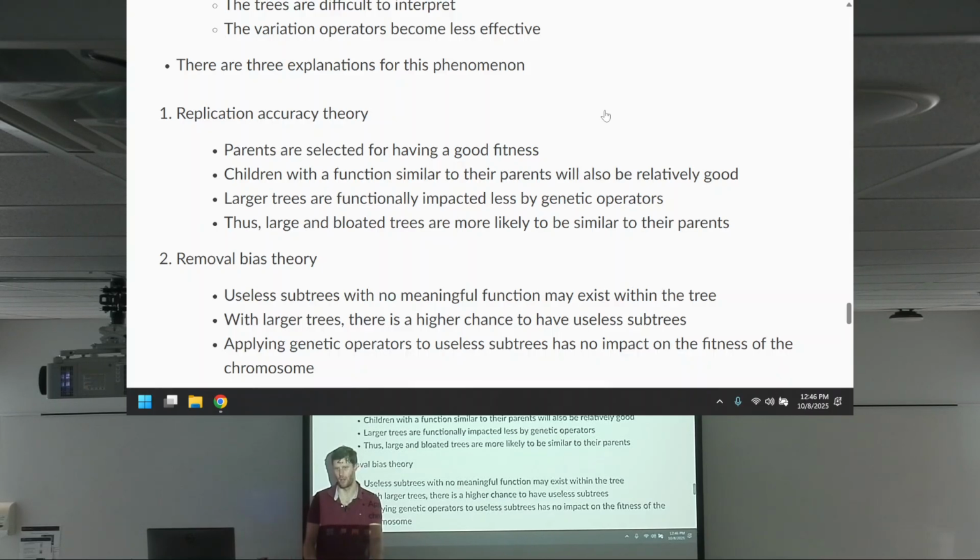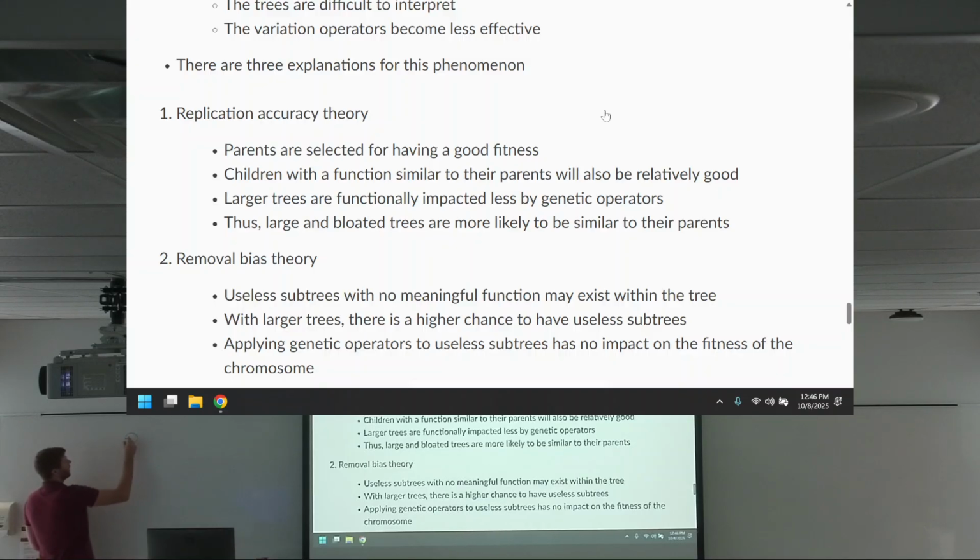Two, larger trees are less impacted by variation operators. Think about it. If I have a tree that's this big, with 4 and 7, and I change one of these things, well, I'm really messing up the totality of what this is.